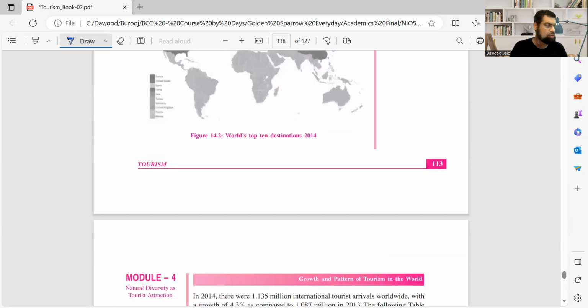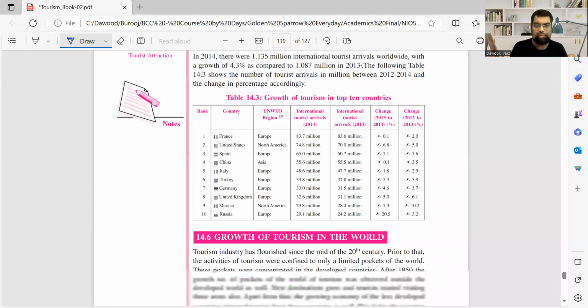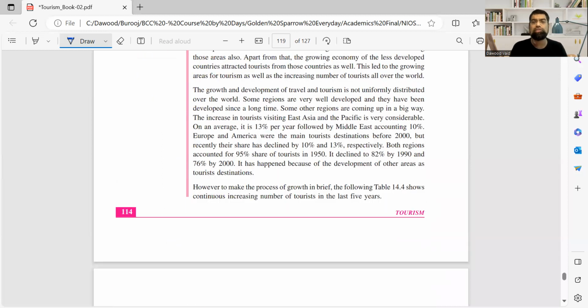There's another question that you would love to talk about, which is what's the growth of tourists? Don't worry about the numbers, but consider this average 13%, is the number of tourists visiting East Asia, which is Singapore, Myanmar, Bali, Indonesia, and Pacific is very considerable. 13% followed by Middle East, which is 10%, and Europe and America still major tourist places that people go to.